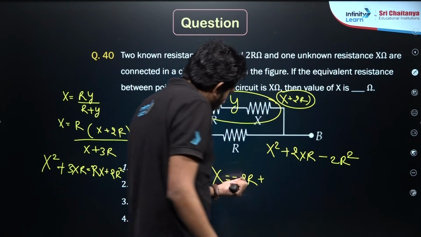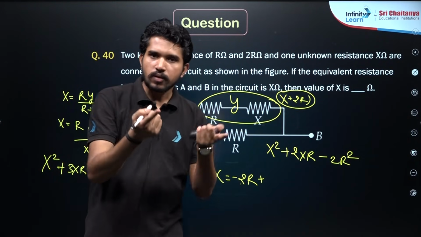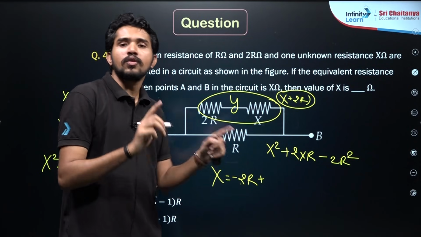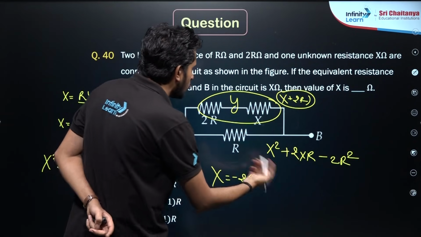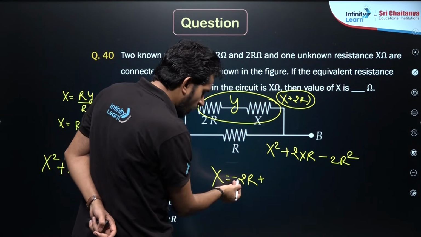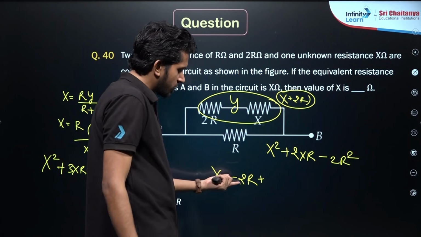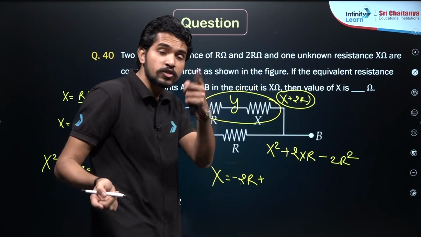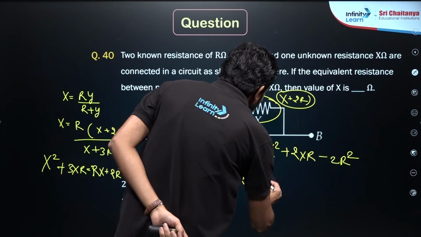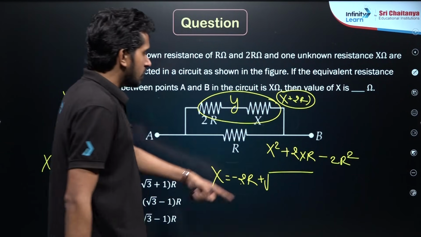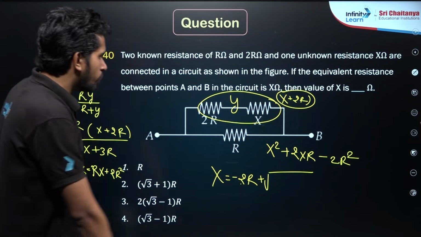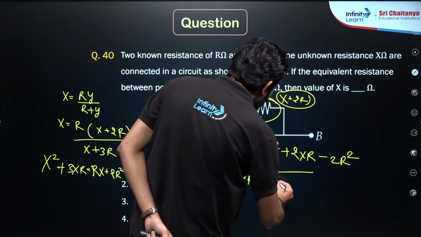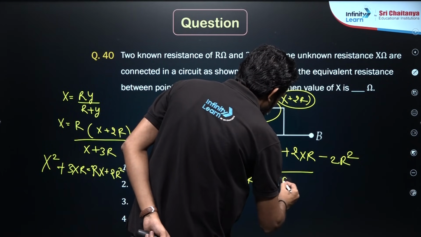If I had plus here, then I would check, but now there is no way to check. Why? Because already I have a minus sign, so it must be positive. Okay. B square minus 4AC. See, what is B? B is 2R. 2R square means 4R square.